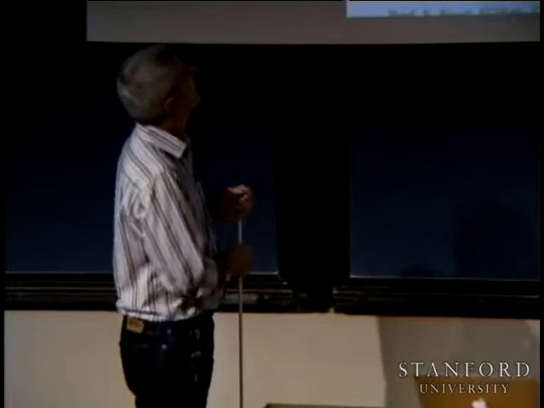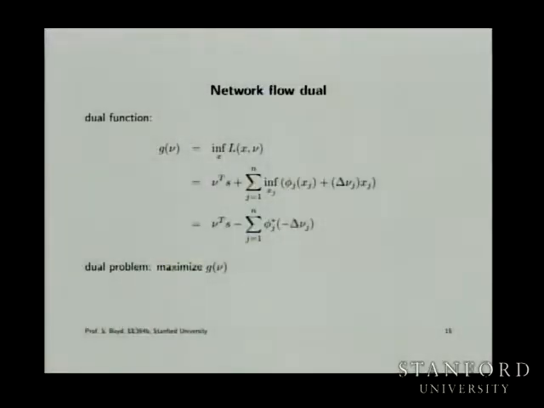Okay, so here's the network flow dual. It looks like this. The dual function is you minimize this Lagrangian. And this is completely separable now because, in fact, for each edge to determine its flow in the Lagrangian, it needs to know absolutely nothing other than the potential at its head and the potential at its tail.